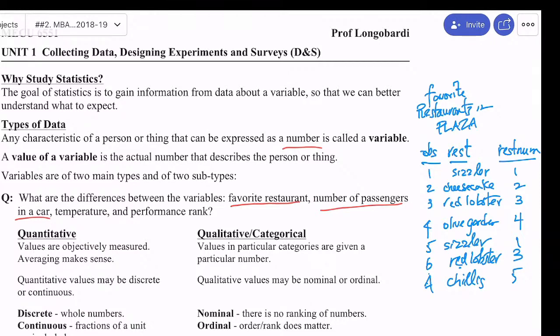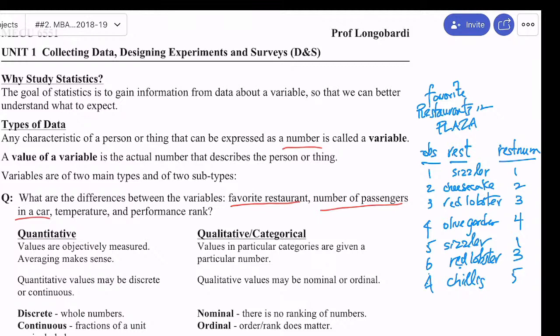Now, those numbers that I assigned, were they assigned in any particular way? If I went on a different day and started asking people as they leave Plaza, and I used the same logic in numbering, the numbers would be different, right? On a different day, maybe the first person that came out said cheesecake, and I would have assigned them a 1.